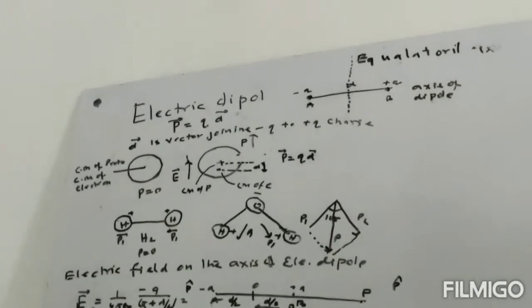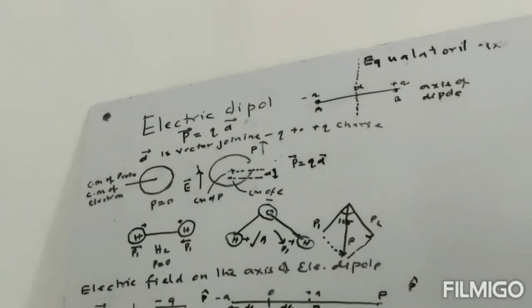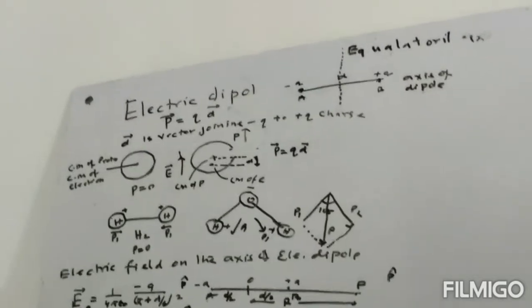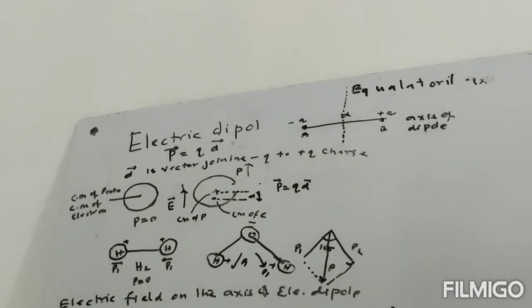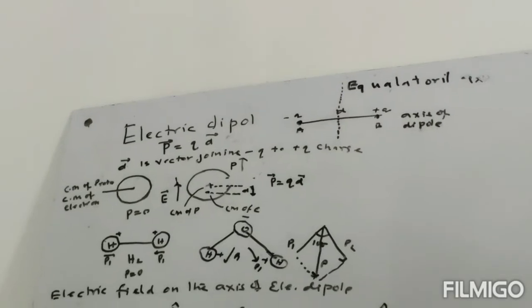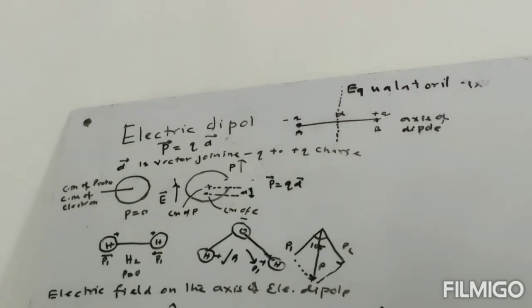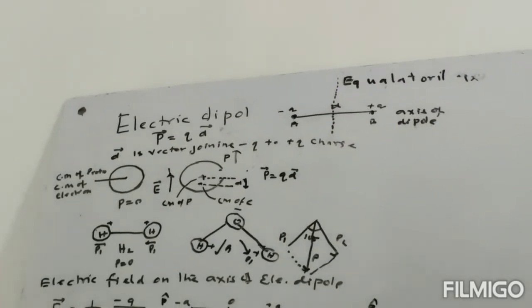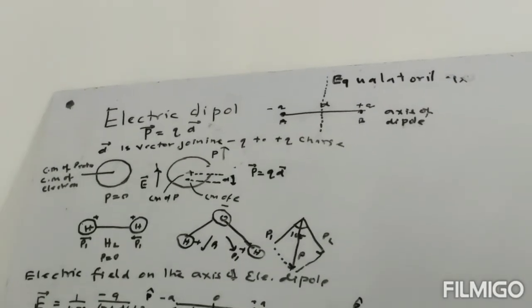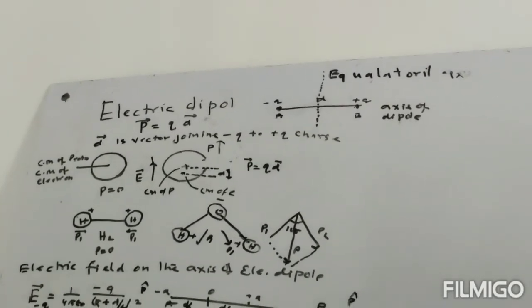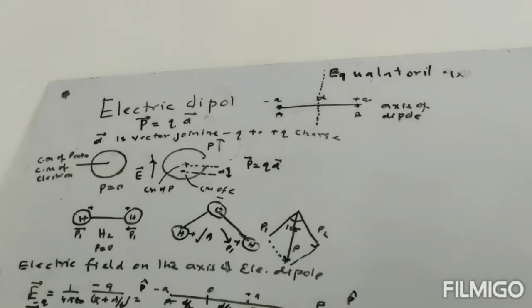Therefore, P vector is equal to q into d vector. Here d is a vector joining the negative charge minus q to the positive charge.